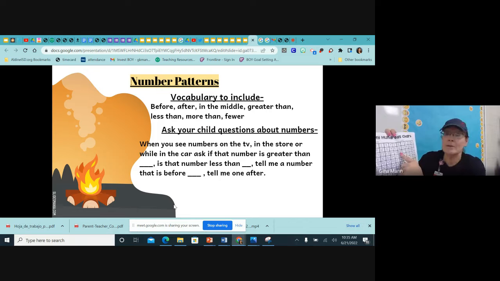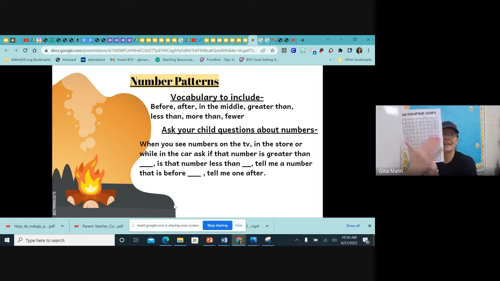What comes before? What comes after? Awesome job. Okay, now what's this number? That's 14. What is a number that is greater than 14? What is a number that is less than 14? So you're helping them understand and see numbers in the pattern.